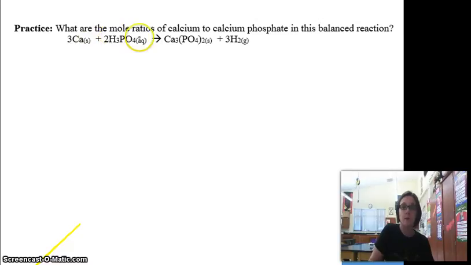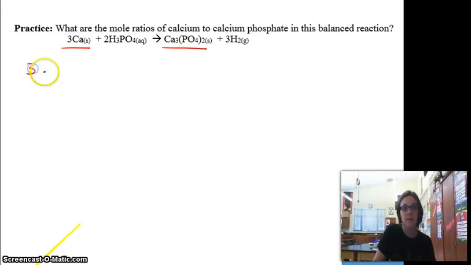So it asks, what are the mole ratios of calcium to calcium phosphate in this balanced reaction? So here's the calcium, and here's the calcium phosphate. I don't need to pay attention to any other component. I notice there are coefficients in place, so this equation is already balanced for us. So all I have to do is interpret those coefficients to be moles instead of atoms.